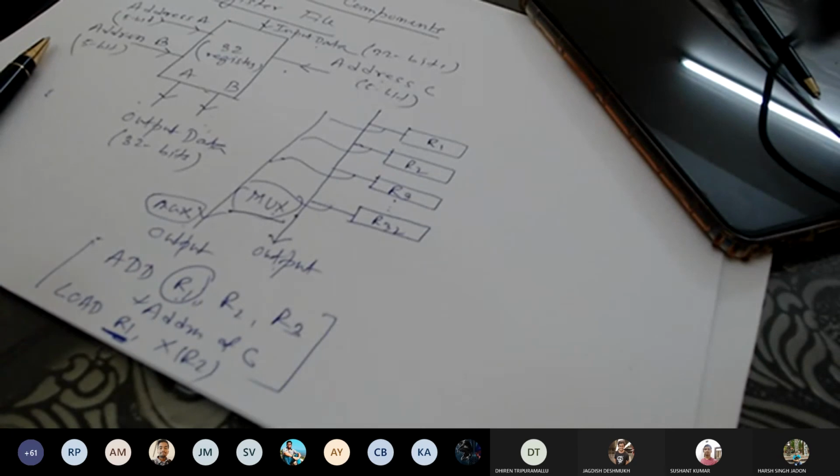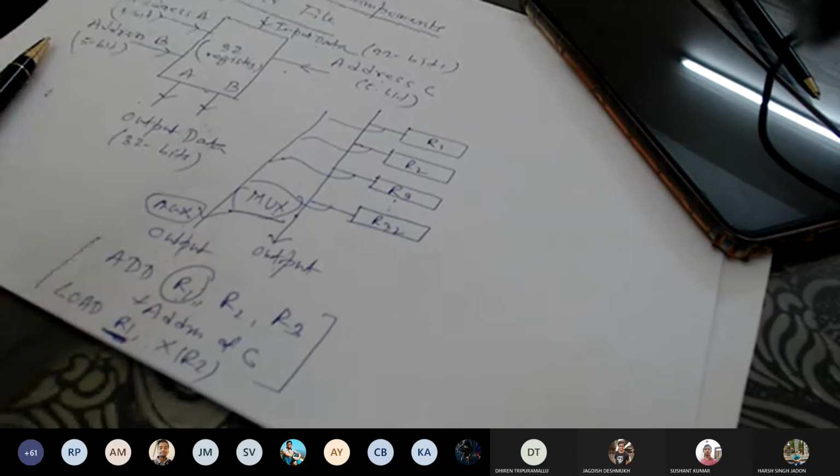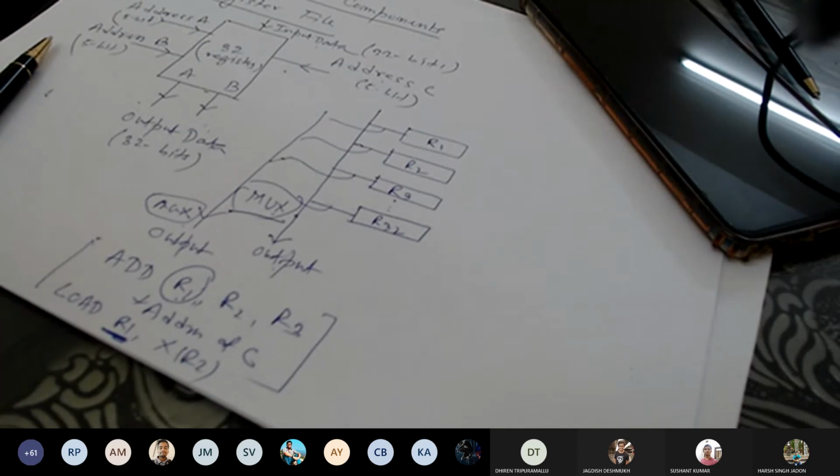Now, to finally push the value to R1, you require a circuit. What that circuit is? Because it will come through a command line. We can again use multiplexer, sir. Multiplexer or demultiplexer?